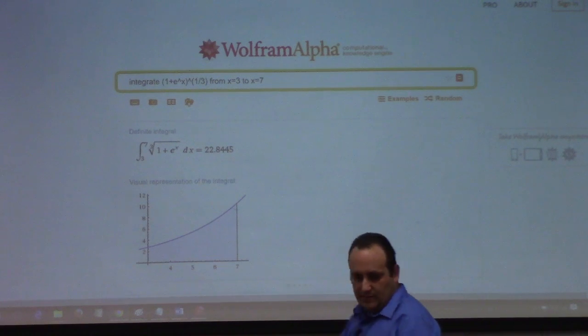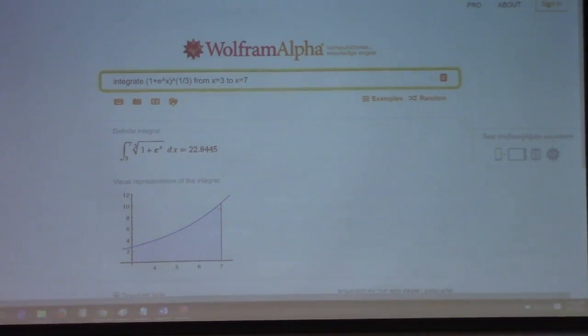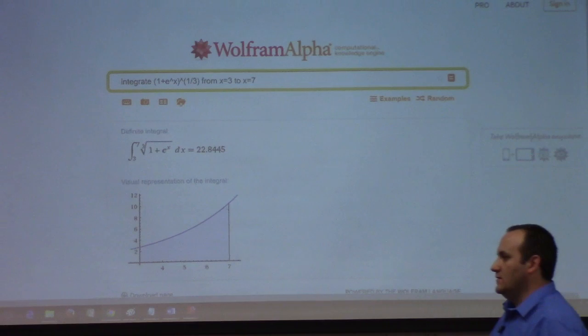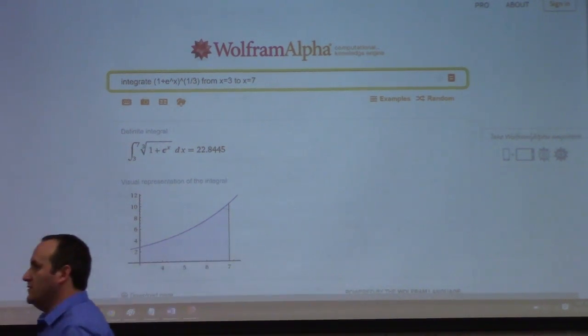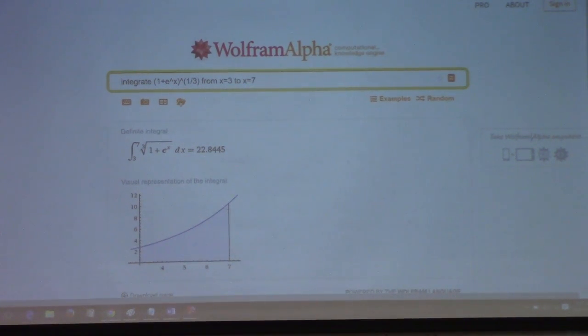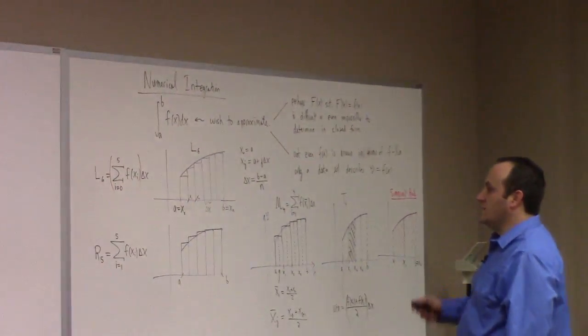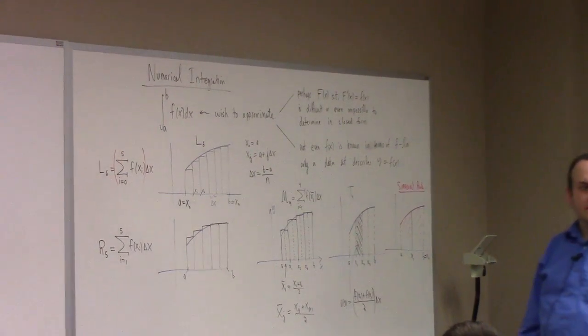So again, the basic goal here is to look at this definite integral for a given function and for a given lower and upper bound. We want to approximate this as best as we can, all right?